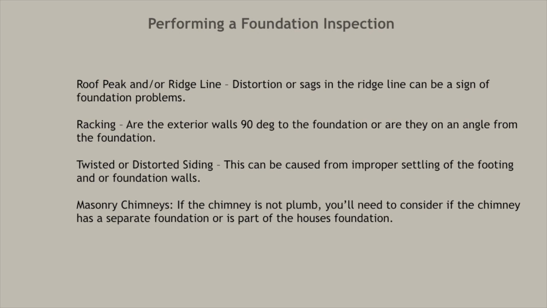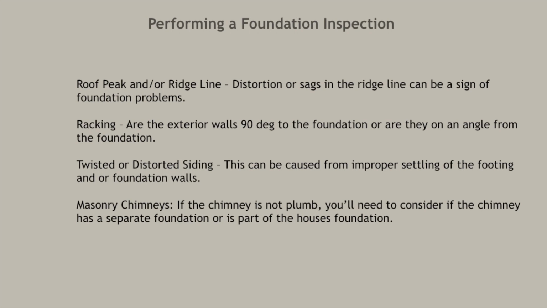The purpose of the foundation is to transfer the entire load of the house to the bottom of the footer to the soil. When inspecting the foundation of the house, there are some key exterior indications to take notice of before inspecting the basement: the roof peak and/or ridge line. Distortions or sags in the ridge line can be a sign of foundation problems. Racking.